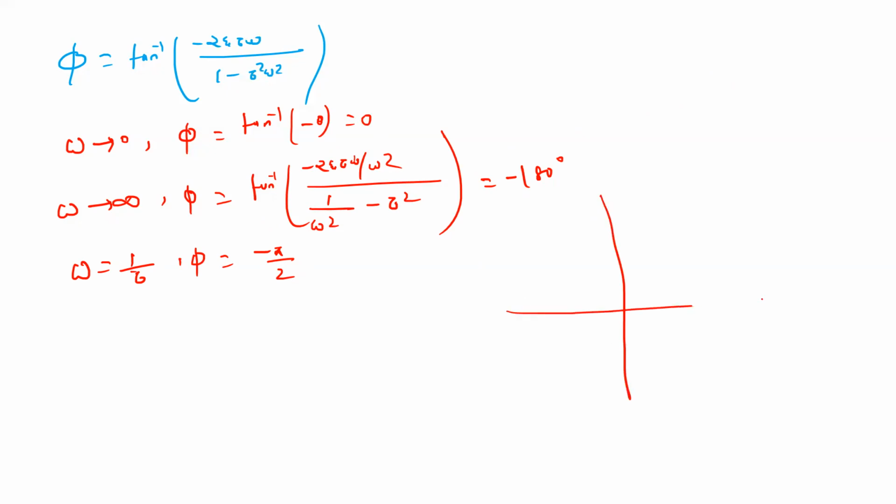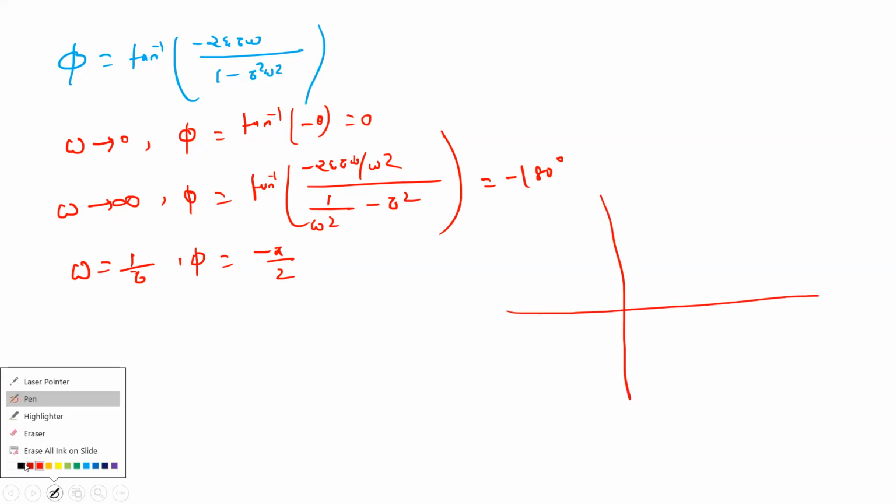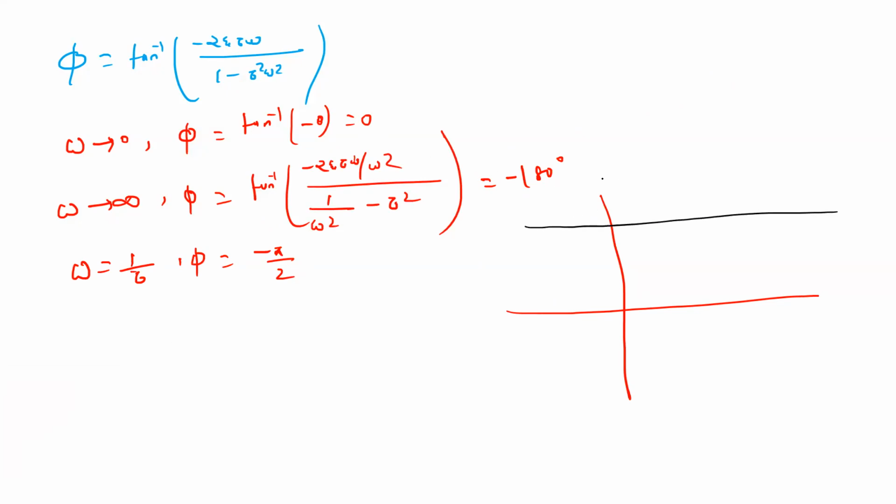So this curve will look like this one. Let's try to understand. Let's say this one is your phi angle and this one is your omega tau axis. So here let's say phi is 0, phi is your minus 90, and here let's say phi is your 180 degree, right? So at omega tending to 0, this one is your omega equal to 0.